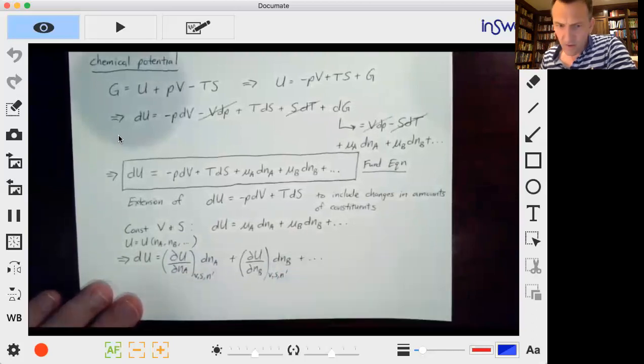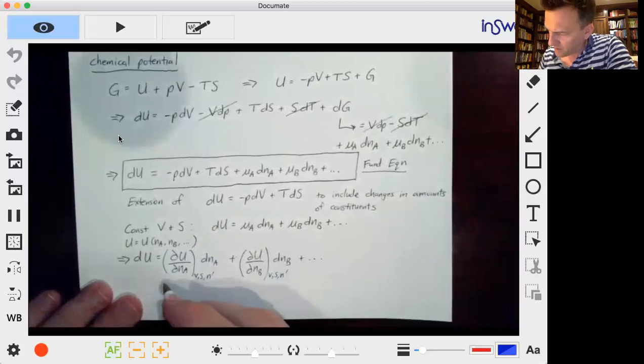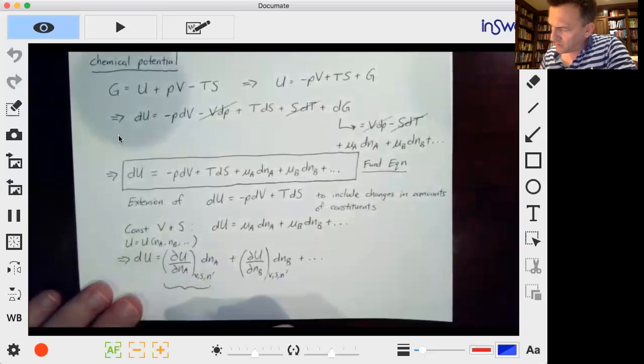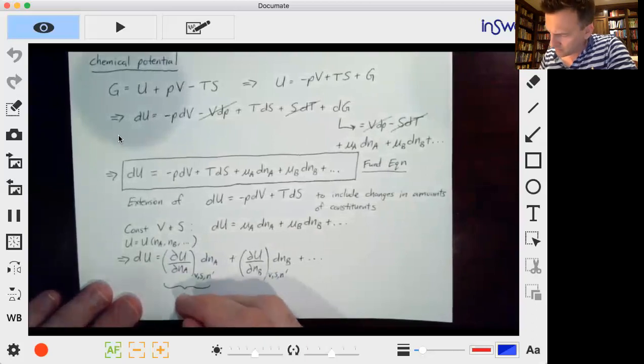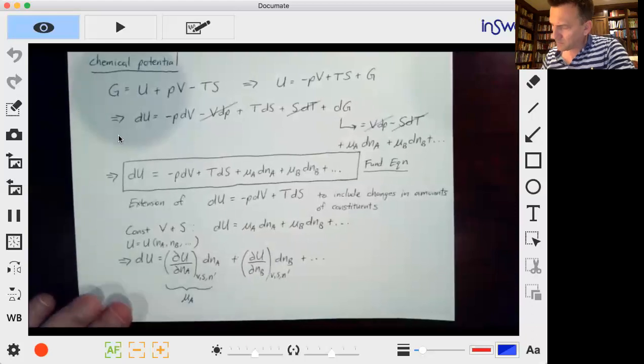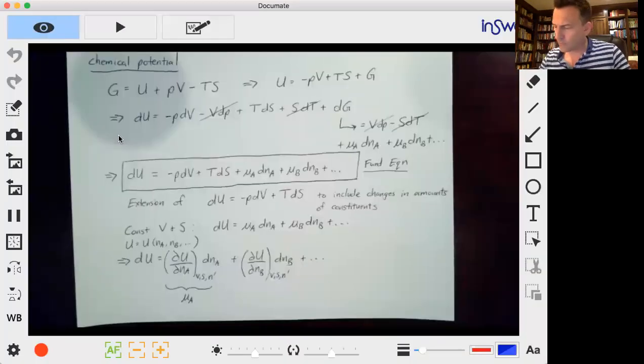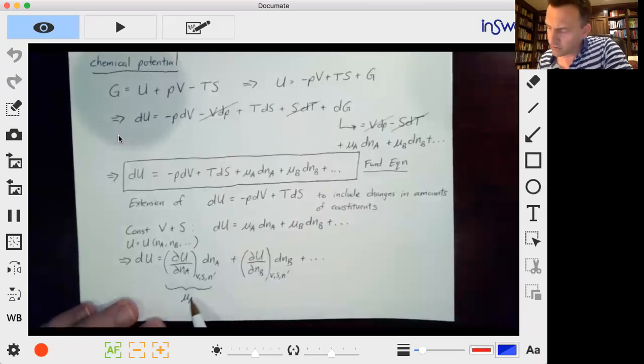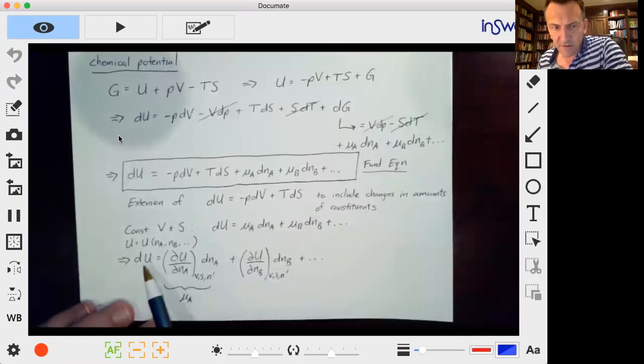And if you look at this, you see that right here is our formula for the chemical potential. The reason we know that this is the formula for the chemical potential is because I'm comparing this equation for dU and this equation for dU.